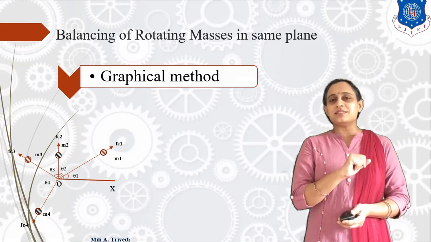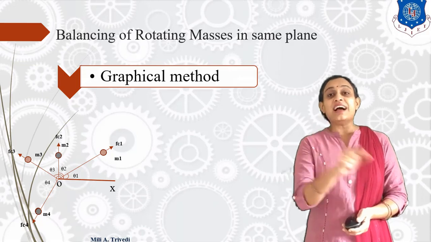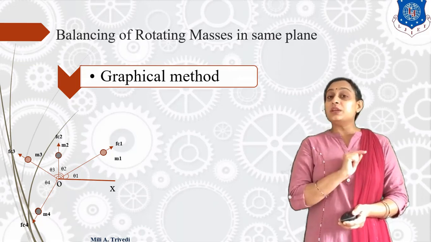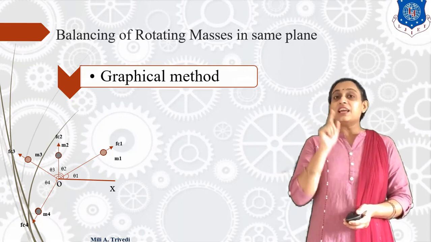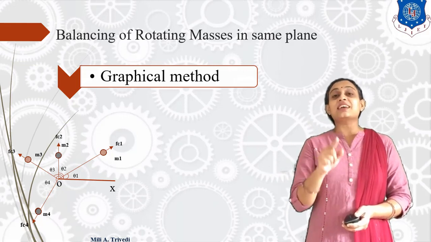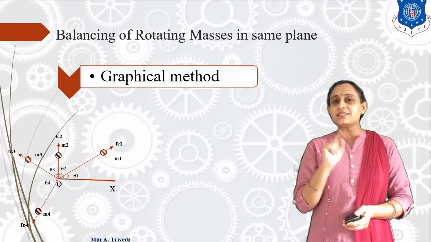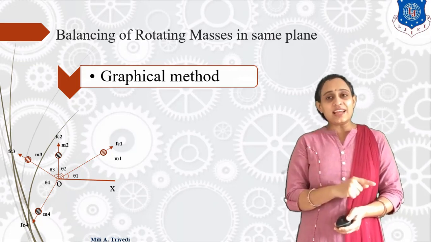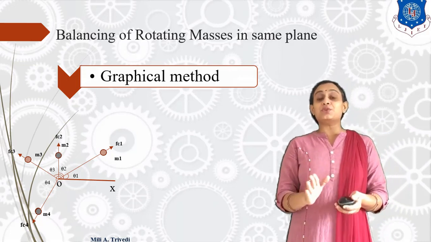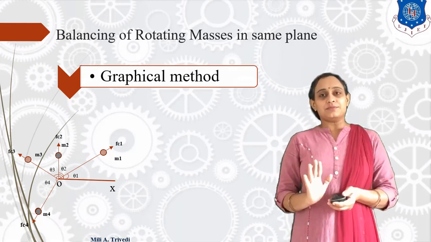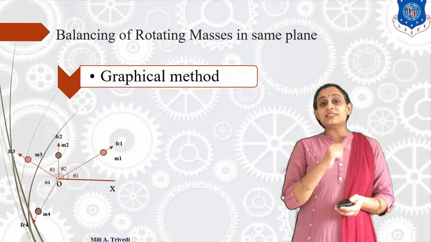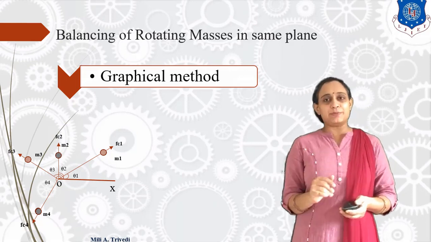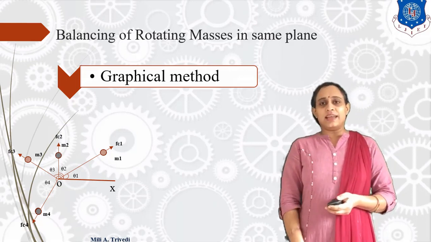So all the angles we have to consider with respect to the base axis, the OX axis, and we will say this OX axis is the axis of rotation. It means we have to study all the angles and all the forces with respect to the axis of rotation. Okay? Now, mass M3 at theta 3 with respect to OX, so as M4.